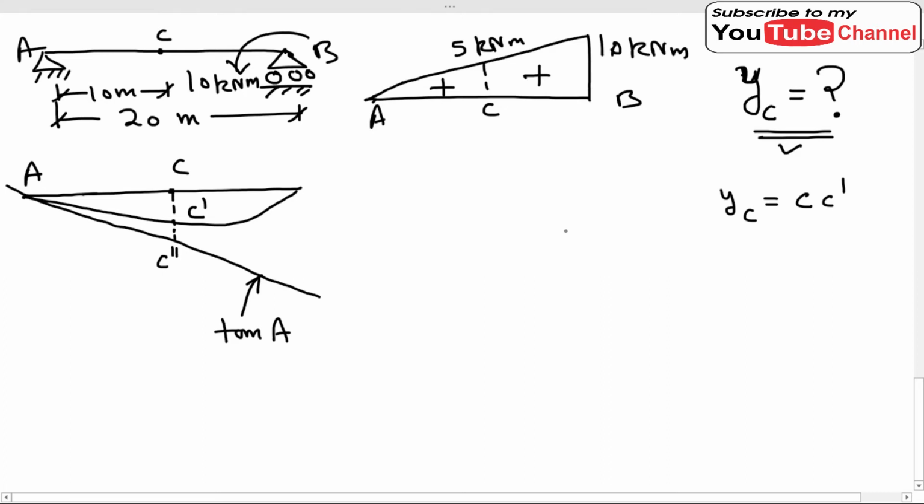Now we know that this tangential deviation is equal to TB over A. We have found out this value TB over A previously. If we see the simple figure of this problem, it will be something like this.